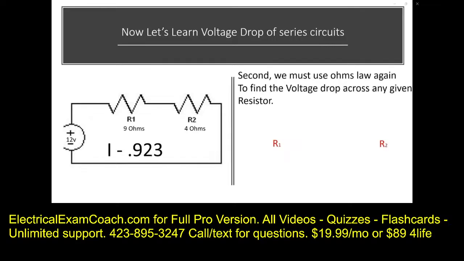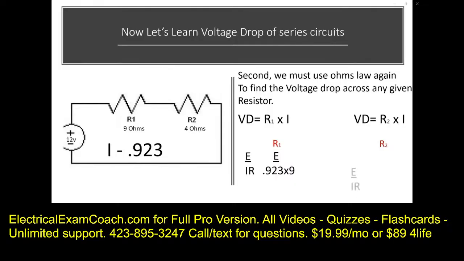Second, we must use Ohm's law again to find the voltage drop across any given resistor. The voltage drop of R1 is going to be equal to R1 multiplied by I, and the voltage drop of resistor 2 is going to be equal to that resistor multiplied by I. Because remember, we're just trying to find the voltage drop. So E equals IR. Just plug in the knowns. In this case, we know the I and we know the resistance, and we're looking for the voltage drop.